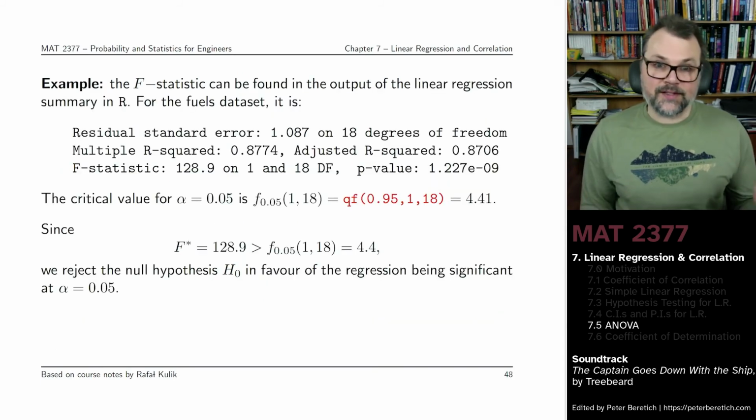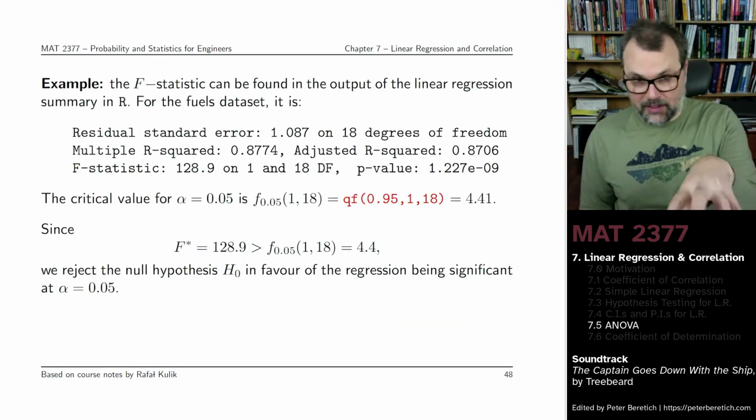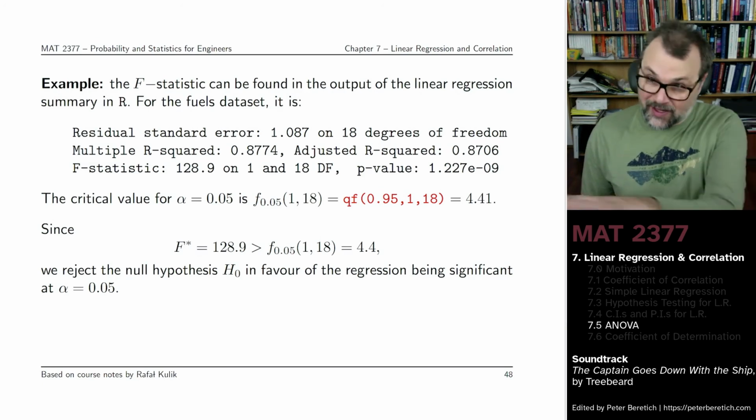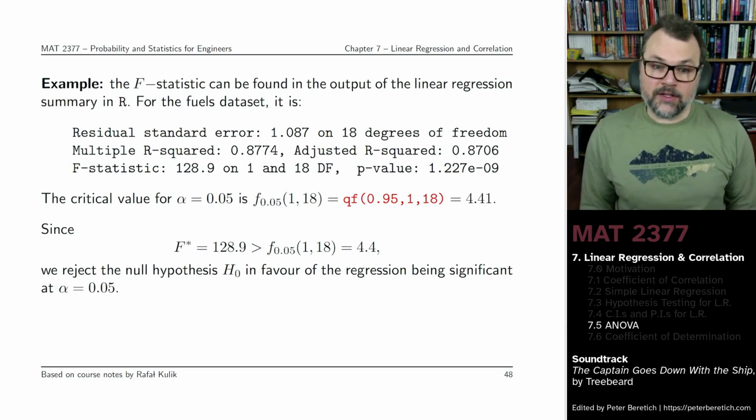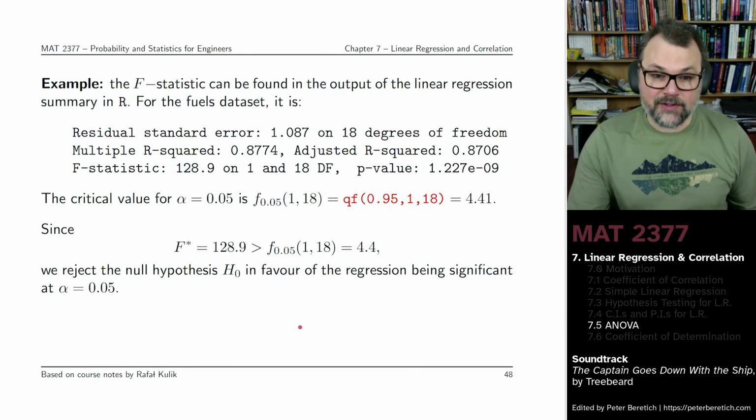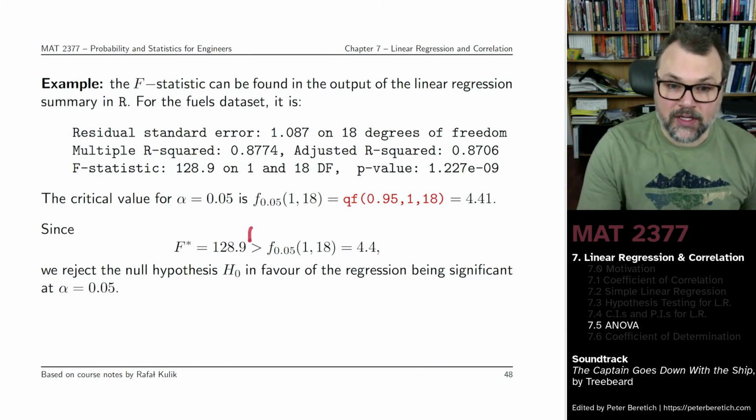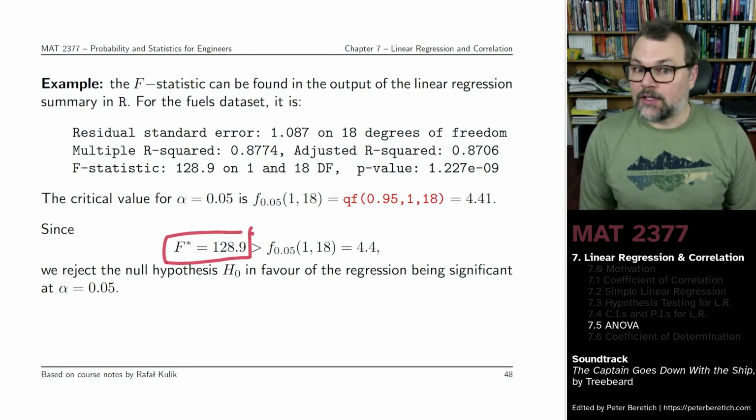For the fuels data set, you can go through the process and build a table. I'll show you how to do that in the video using R, and then you'll get an F statistic of 128.9. That's actually a pretty large value.